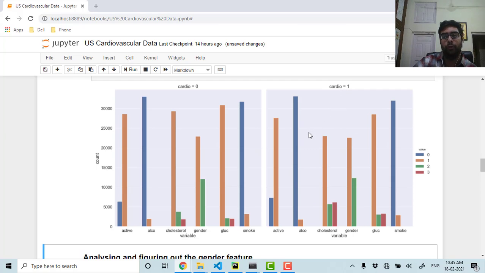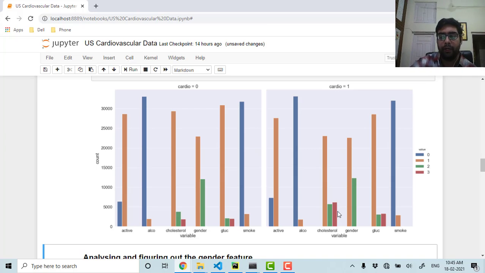So cardio equal to 1 is on the right and cardio equal to 0 is on the left. As we can see, cholesterol and glucose intake are the two factors that appear to be causes of cardiovascular disease.